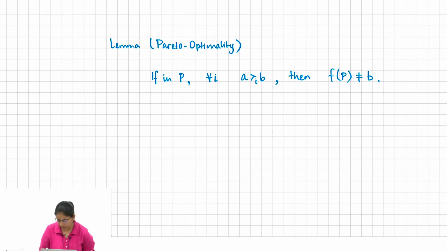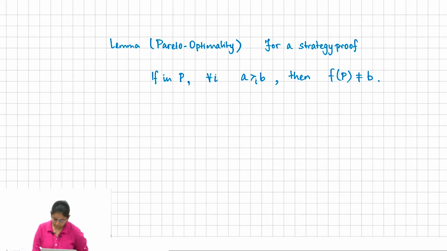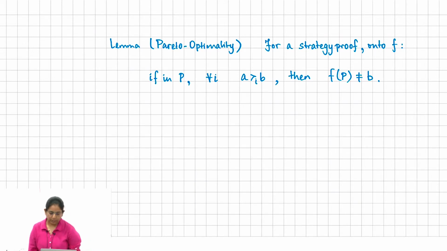So I forgot to say that if your function f is strategy proof and onto, which as I said will be something we assume throughout, then it is also unanimous in this sense.